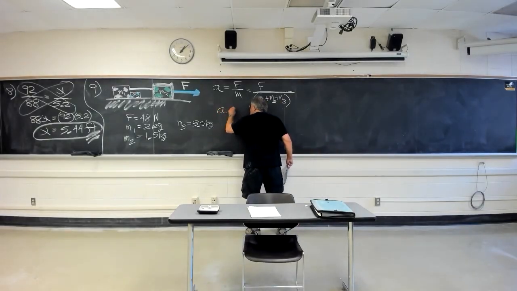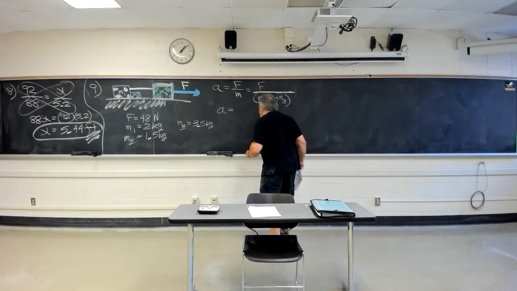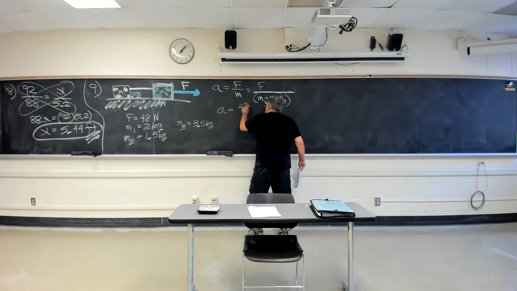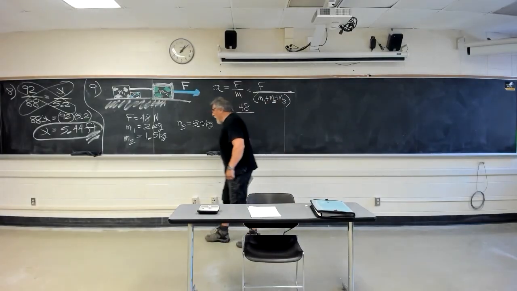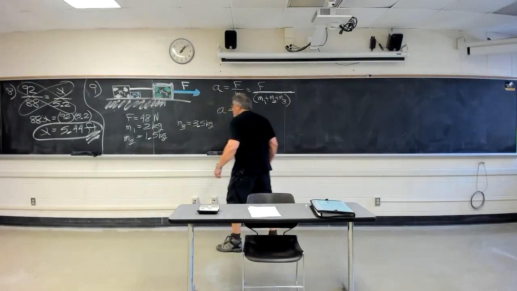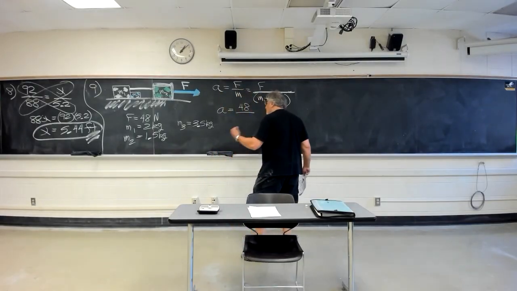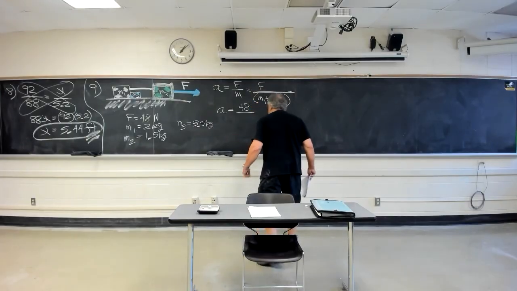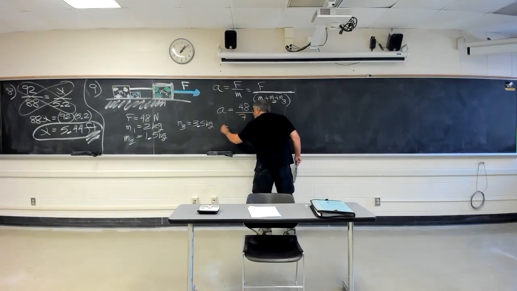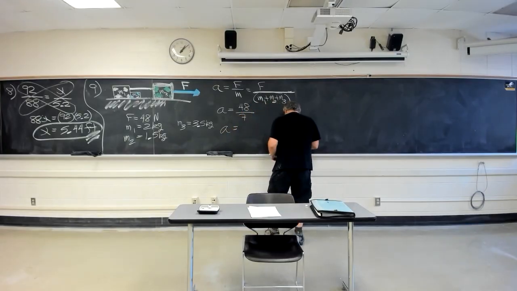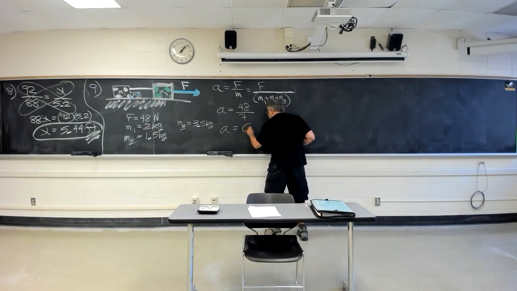They're telling us the force is 48. The total mass is the sum of M1, M2, M3. That is 2, 1.5, and 3.5. And what it's getting us is 7 kilograms. There it is. The acceleration is 6 6/7.